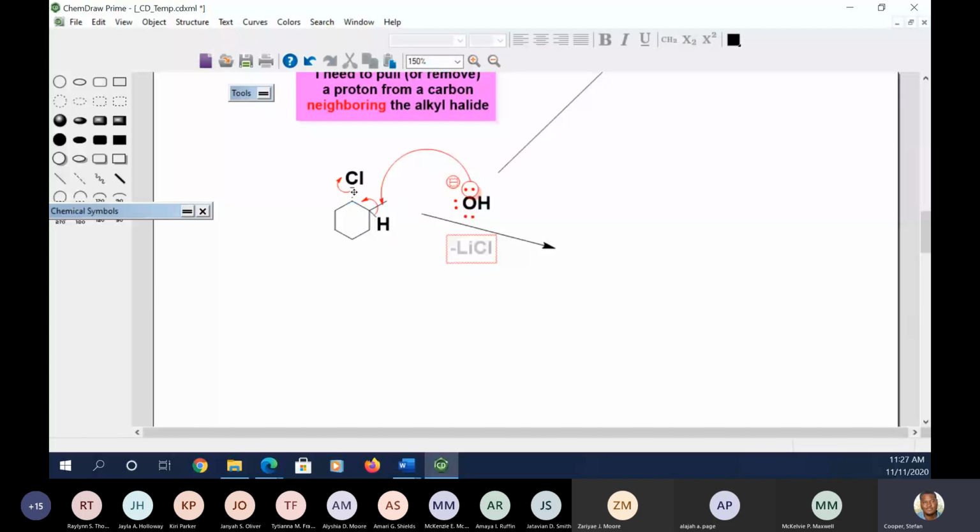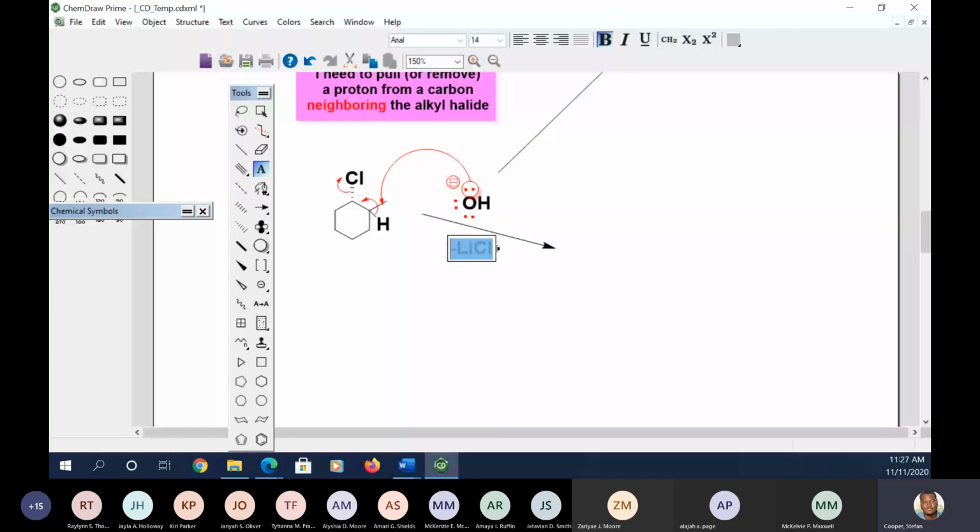So the 2 electrons that were shared between carbon and chlorine now go exclusively to chlorine. So I'll get a chloride minus now, I'll get the lithium plus, and maybe I should draw this too. Also here is going to be some water, because I gain an H on that oxygen that already had 1 H. Okay, good.